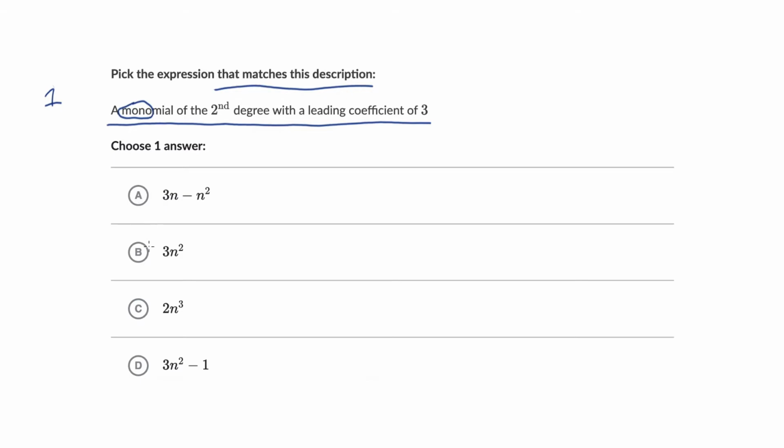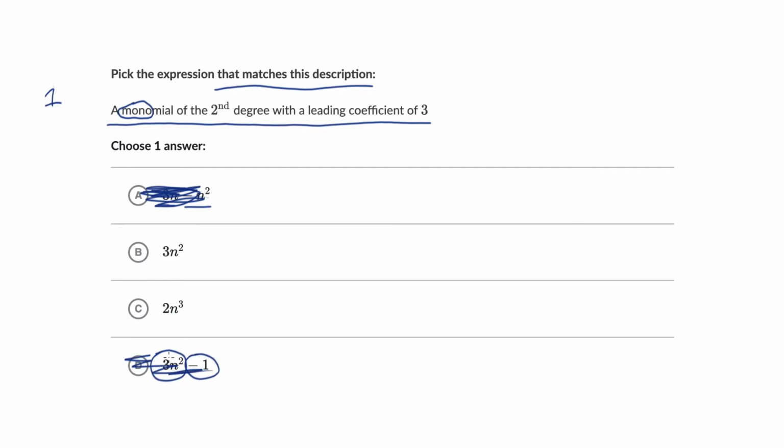So let's look at A through D and see which answers only have one term. So this has a 3n, that's one term, and it has a negative n squared. That is two terms. That is a big no. If we look at D down here, we're looking for something that has one term. Unfortunately, this has 1, 2, that's two terms.